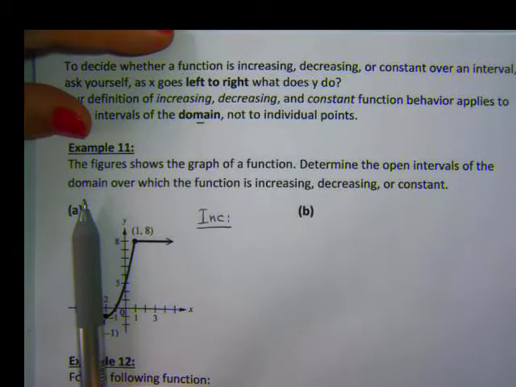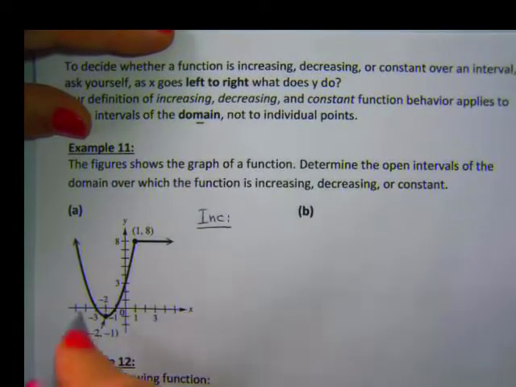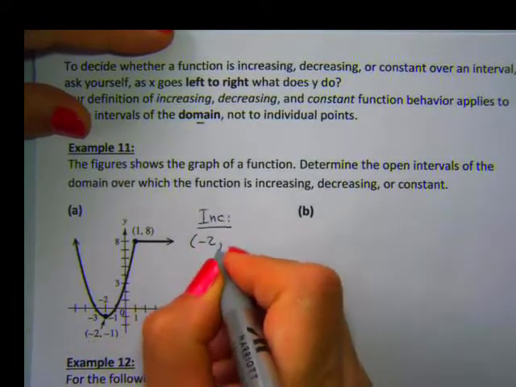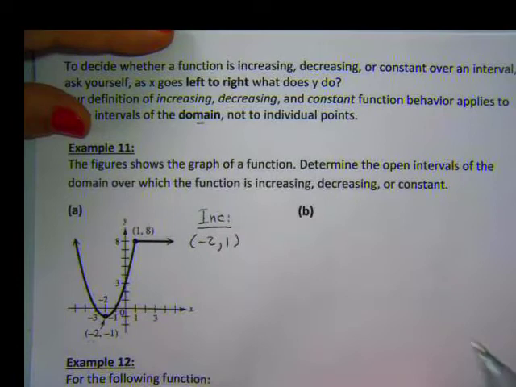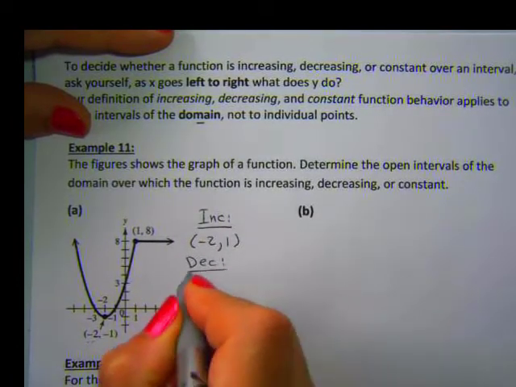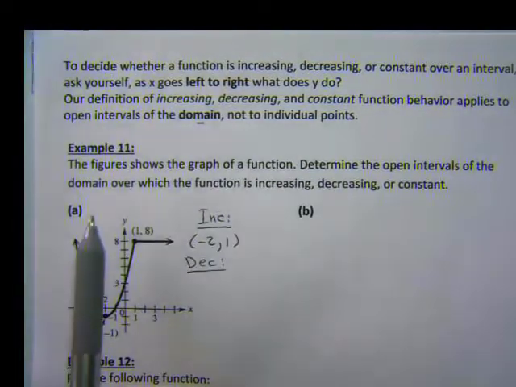Then we'll see that the function is starting to go up, so it's increasing from negative 2, and it's an open interval, guys, to 1. Now, where is it decreasing? Well, we see an arrow. That means it goes all the way to negative infinity.